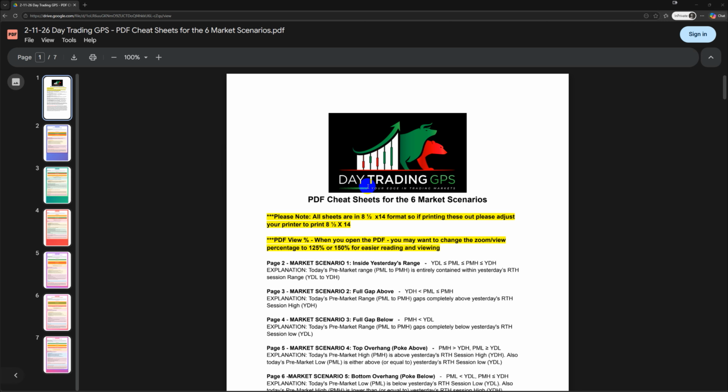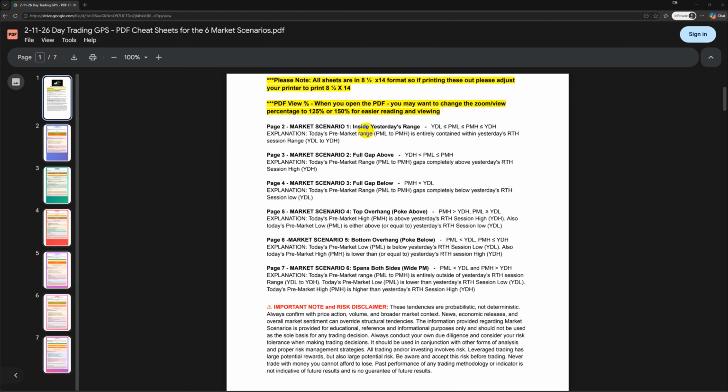Okay, so here's the one-page PDF cheat sheet. It starts off with a summary page that goes over an explanation of what each of the 6 market scenarios is. Also, an important note and risk disclaimer. Basically, that these are the dominant tendencies and key trading characteristics of the market scenarios presented in the one-page cheat sheets.